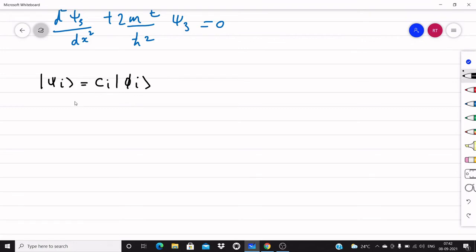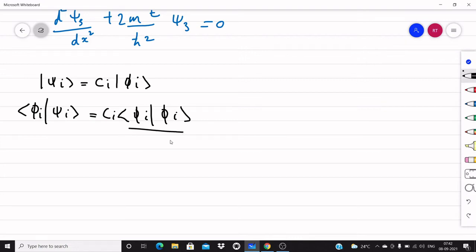So if we want to calculate Ci, we have to left multiply by phi i. Phi i psi is equal to Ci phi i phi i.